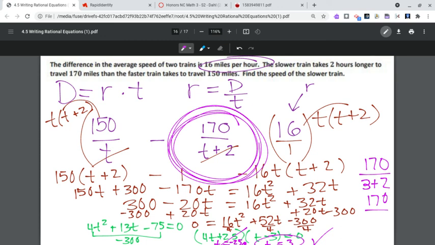So the speed of the slower train is 34 miles per hour. The speed of the faster train, it doesn't ask us, but we can do 150 divided by 3 because our t value is 3, and the speed of the faster train is 50 miles per hour here, plugging 3 in.